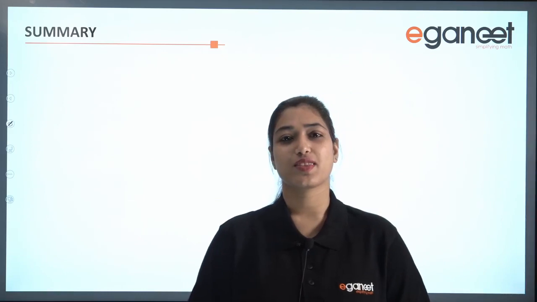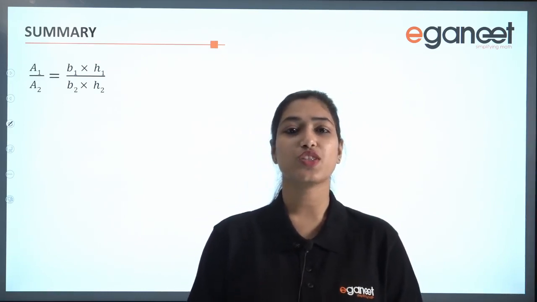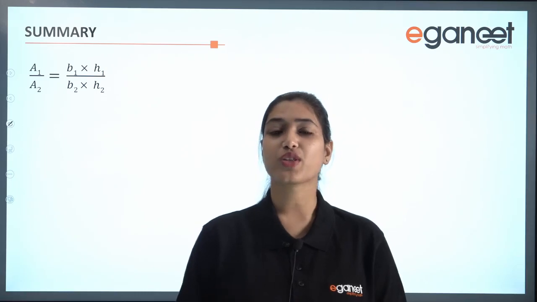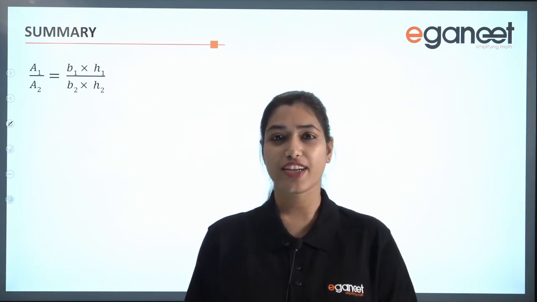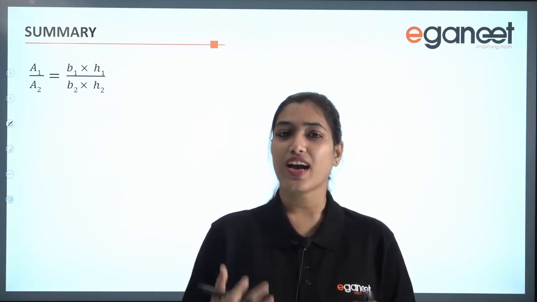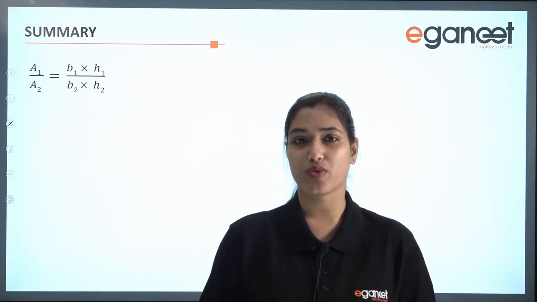Let's summarize this. The ratio of areas of two triangles is equal to the ratio of the product of corresponding bases and heights of the triangles when the heights and bases are different in both the triangles.